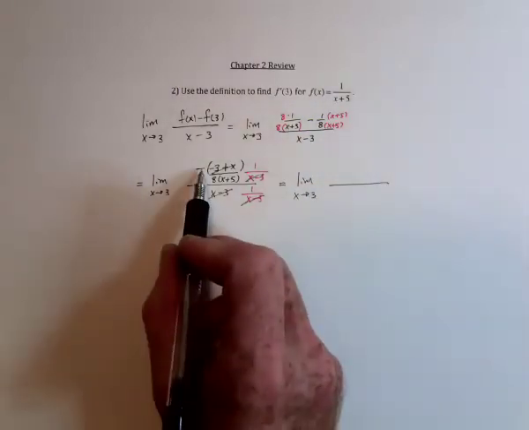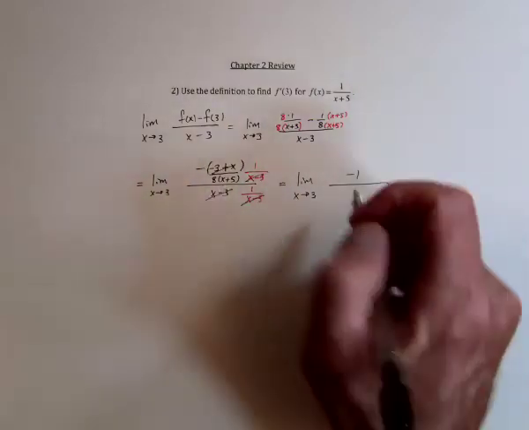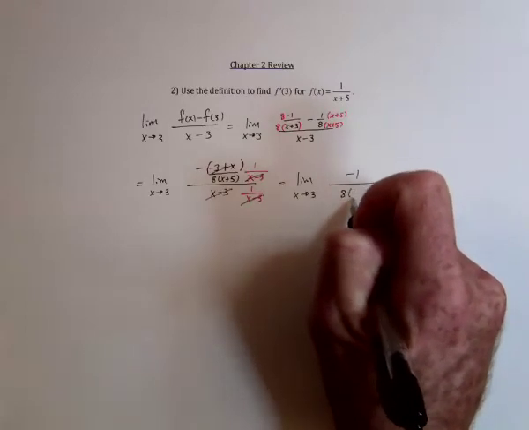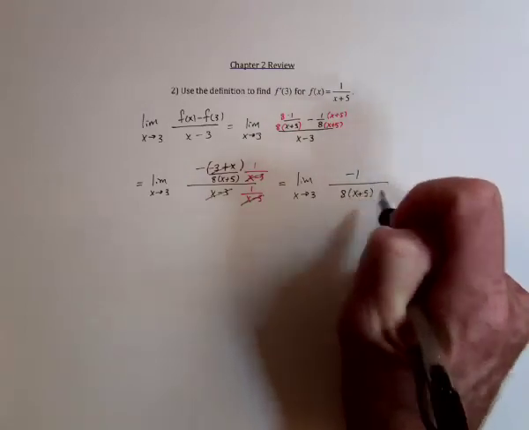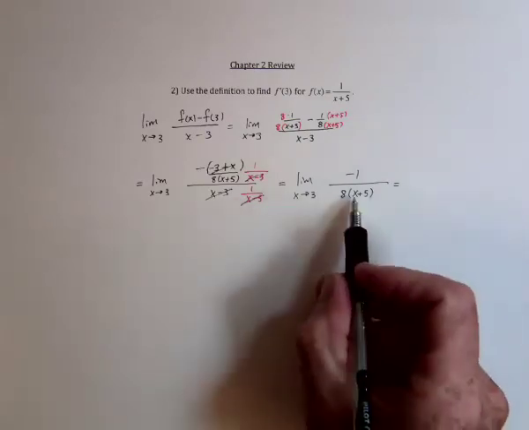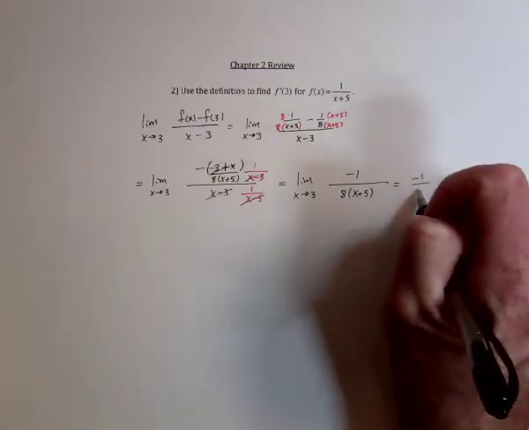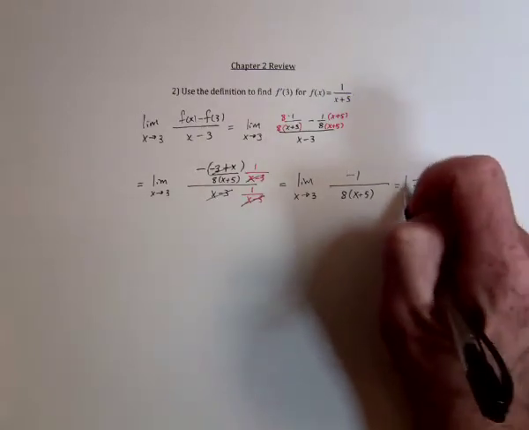The numerator has a -1, and the denominator has an 8 times x plus 5. And then finally, substitute a 3. This is going to become an 8 times 8 is 64. So -1 over 64.